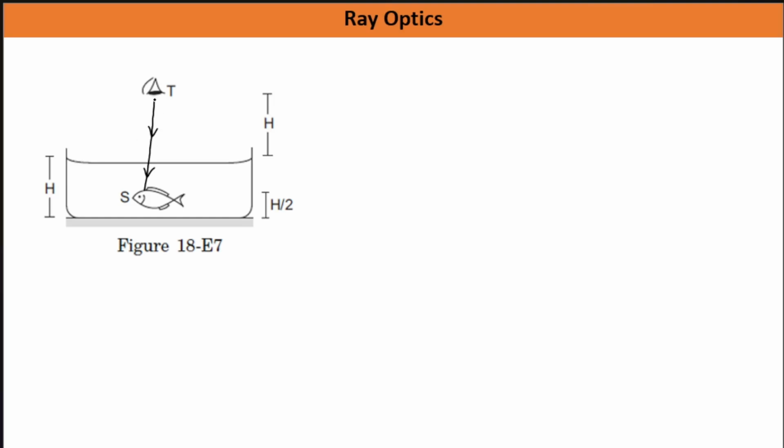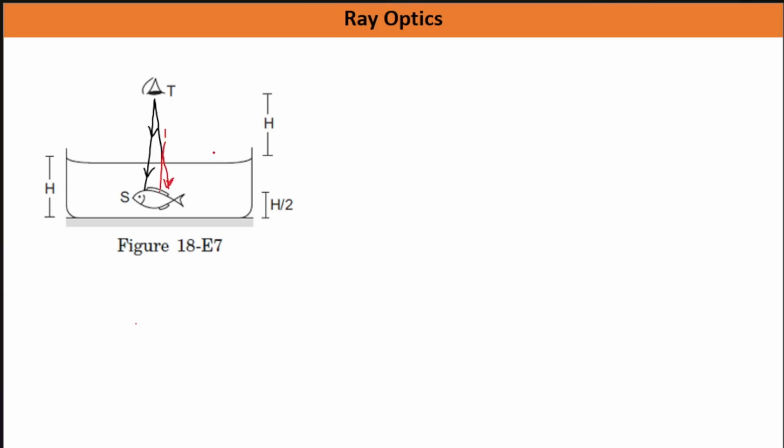Now let us take a second ray, which is incident at a certain angle with the normal, and that angle will be very, very small, because if we don't take a small angle, we won't be able to use the formulas that we have learned for the relation between apparent depth and real depth. So we should take paraxial rays. Here you draw the normal. It will deviate towards the normal, so it will deviate like this.